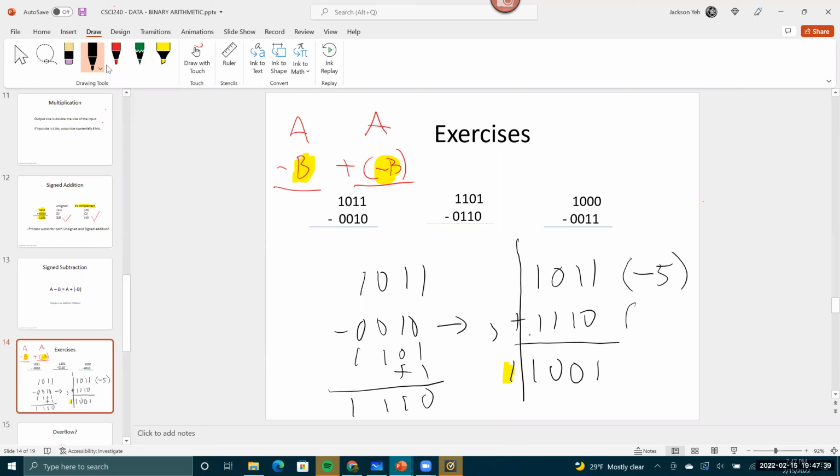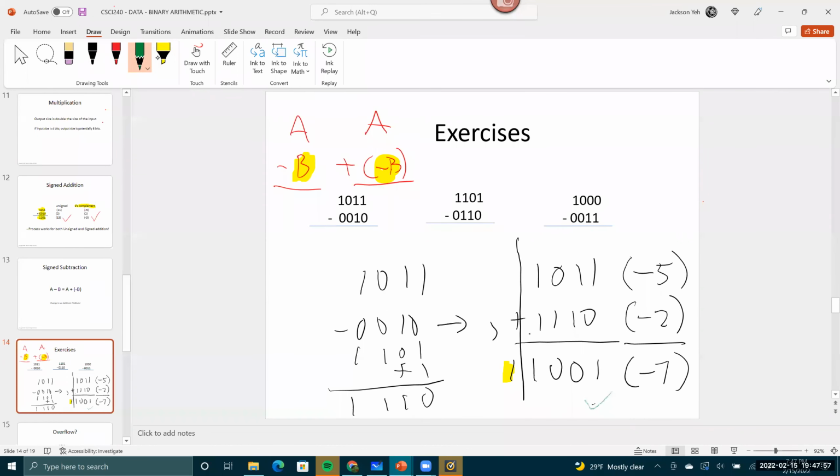The bottom number is negative, let's see, 00, -2. This is -7. It's like, wait a second, you have overflow, but the answer is correct. What's going on? Must be a coincidence, right? All right, we'll assume it's a coincidence for now. Let's do the next problem.